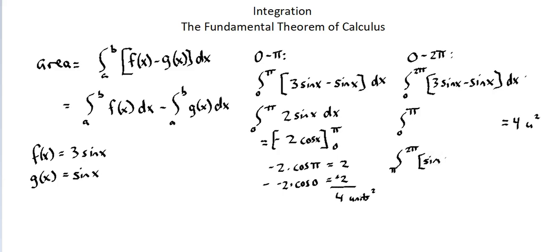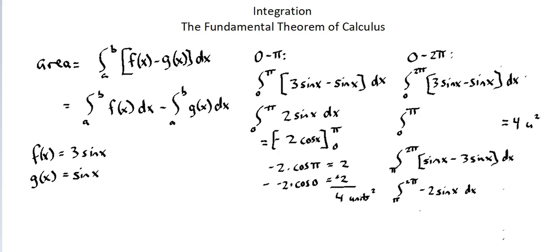Sine of x minus 3 sine of x with respect to x. And again, the reversal is because on this interval, from pi to 2 pi, the higher curve is sine of x. So I'm now integrating from pi to 2 pi negative 2 sine x with respect to x.